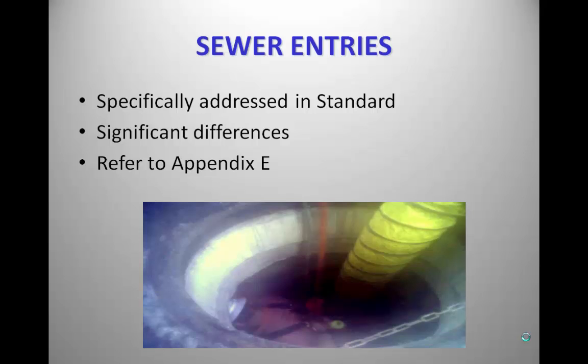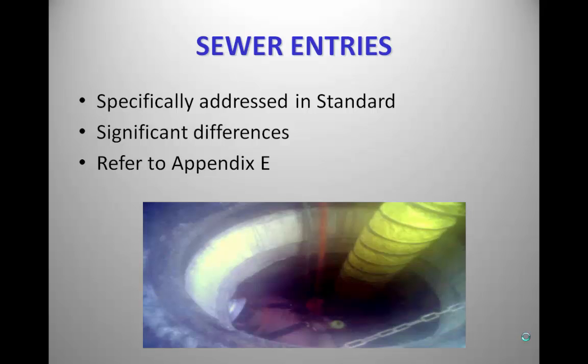Sewers are the same way. It's a continuous system, and part two of that, the reason they're unique, is it's very difficult, if at all, to isolate the area. If it's a continuous system, it also gives the issue of the inability to isolate gases or other hazards coming into that space.